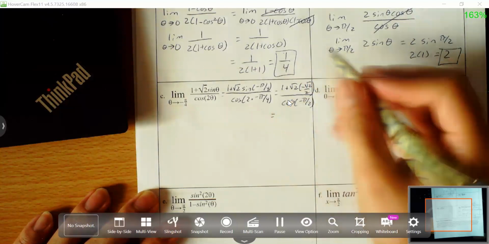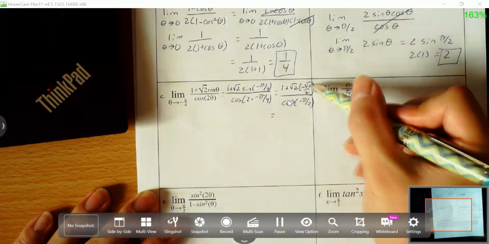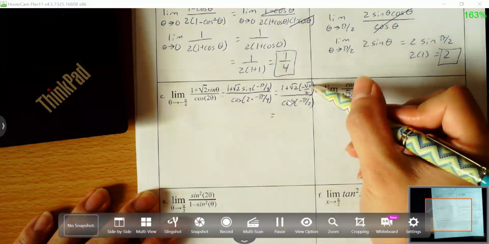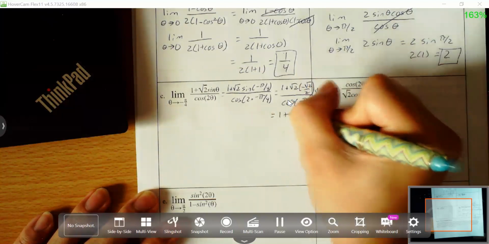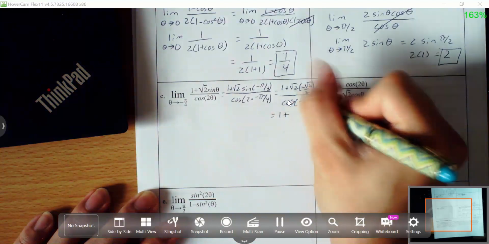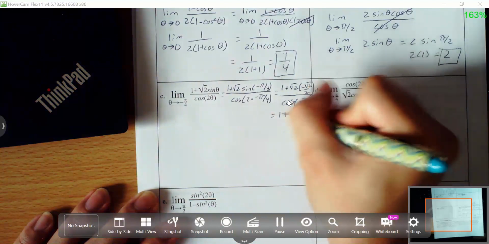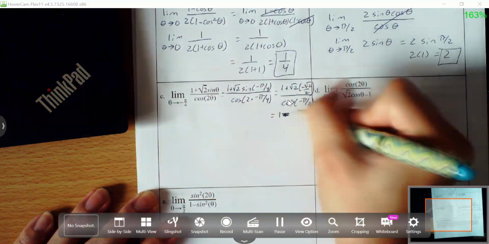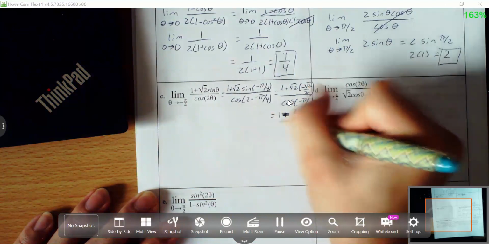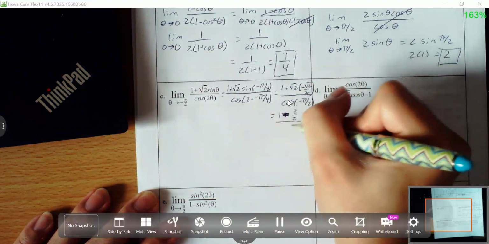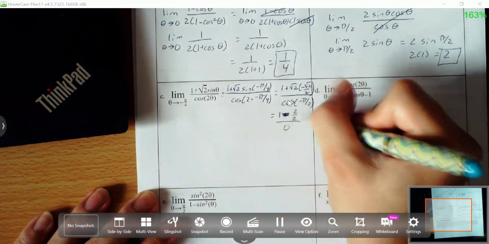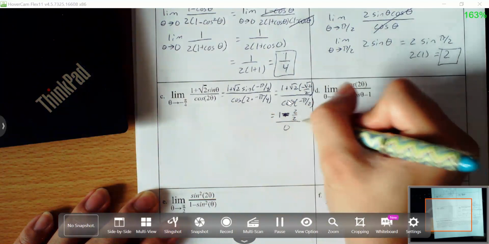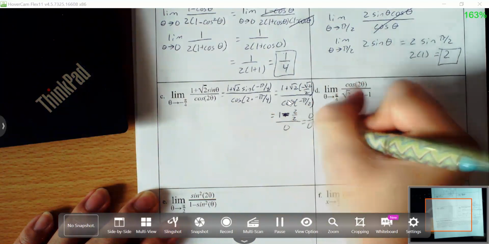And remember, root 2 times root 2 is positive 2. So this becomes 1 plus, no, sorry, I forgot the negative sign. 1 minus 2 over 2 all over 0. And 2 over 2 is just 1. So this is 0 over 0.